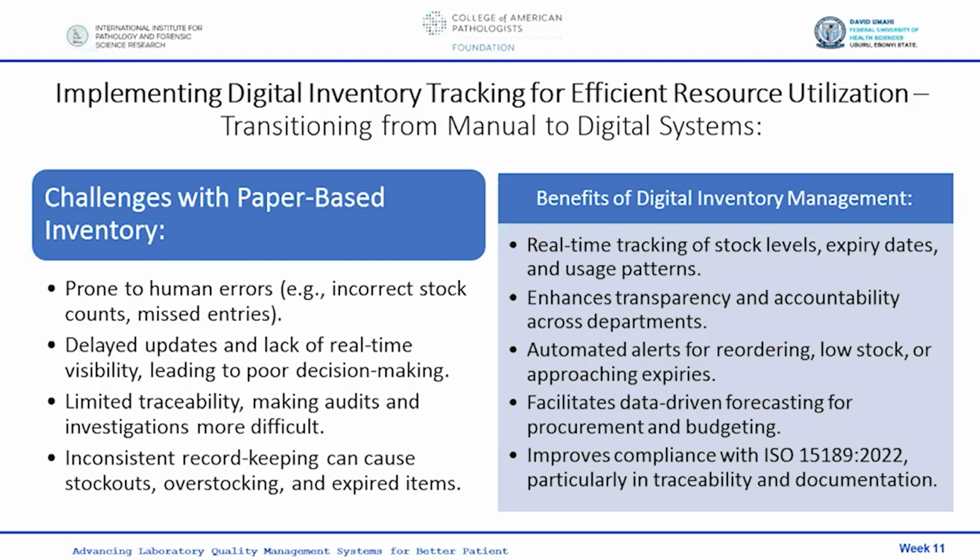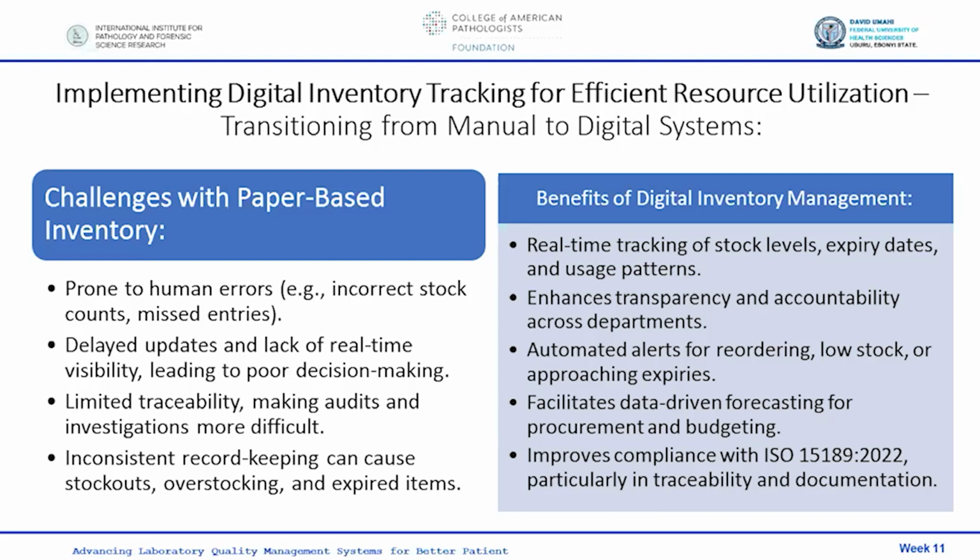It has limited traceability because, when you are using a register and you are done with that register, you put it away and bring another one. When there is need for you to go back to your records, you may start looking for the register again to refer to it.